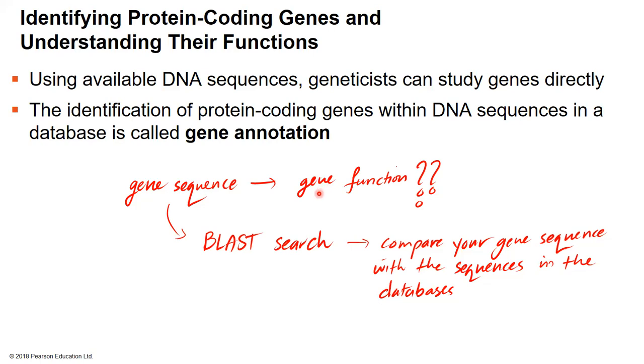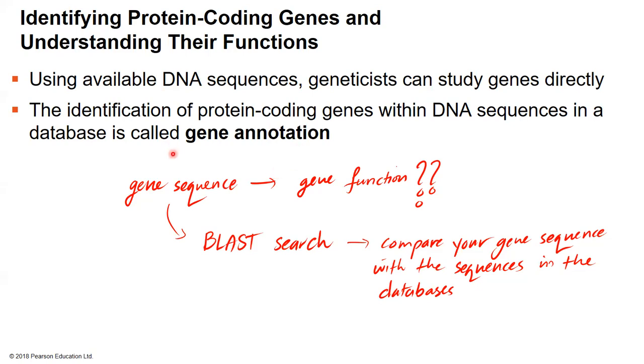Before the Human Genome Project, before the development of genomics and bioinformatics, gene annotation was carried out using experiments in the lab. And it took maybe months or sometimes years to annotate a gene, to identify it and determine its function. But now you can annotate genes by comparing them to sequences in the databases in a matter of minutes or maybe seconds, okay?